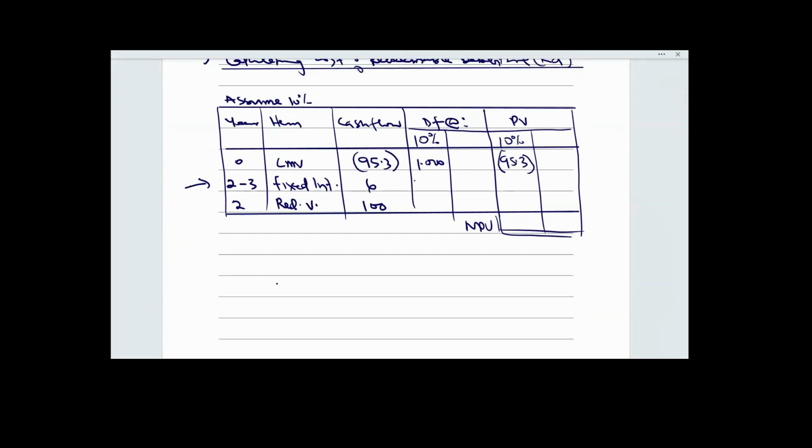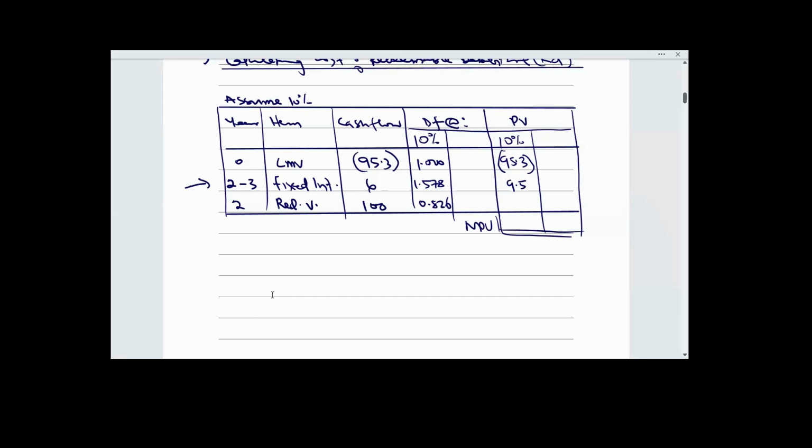Here is 1.578. Then the discount factor at 10% for year 2, 0.826. So multiply 6 by 1.578, that's 9.468, approximately 9.5.